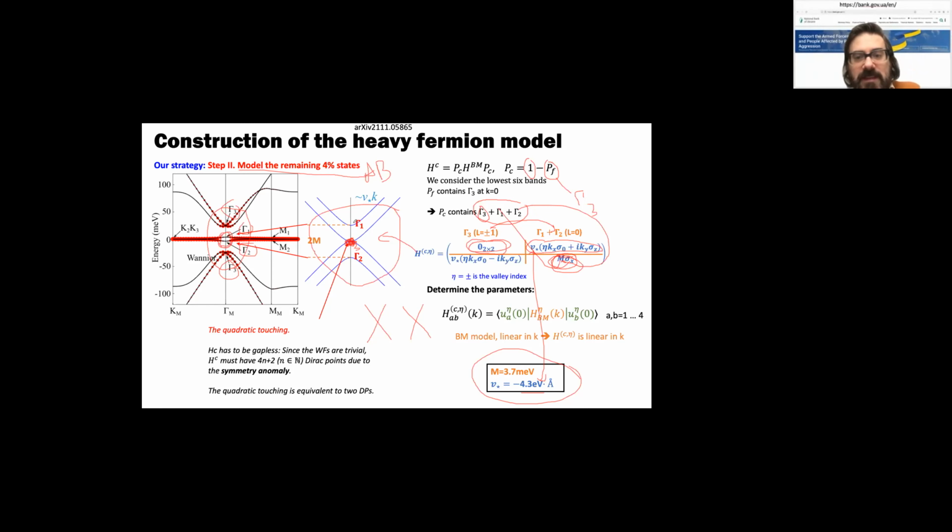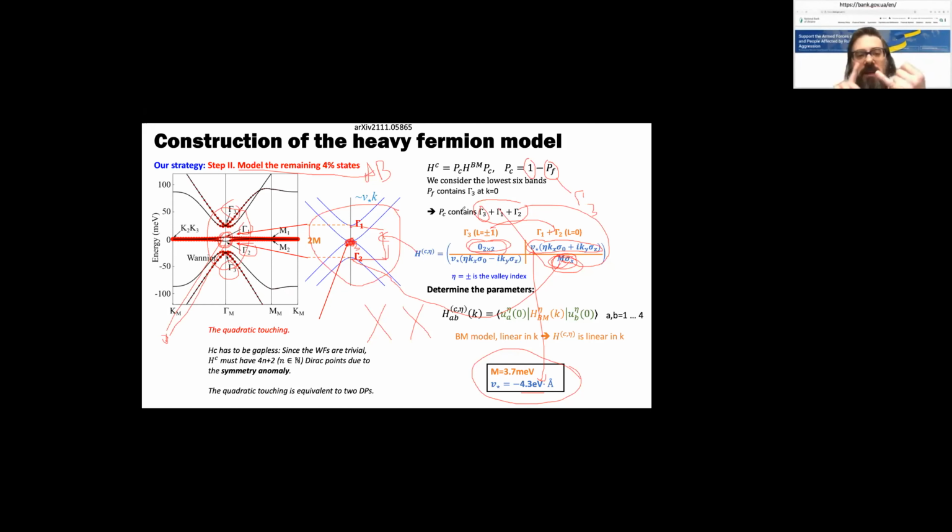Moreover, this mass term here, this M, which is the splitting of the gamma 1 and gamma 2 representations, we know what it will physically mean. Physically, this will actually be the bandwidth of the Bistritzer-MacDonald model. This is just the splitting between the gamma 1 and gamma 2 representation here. So this parameter physically is the bandwidth of the Bistritzer-MacDonald model.